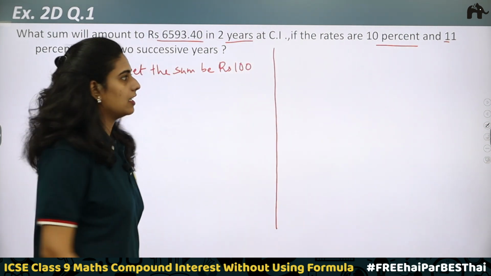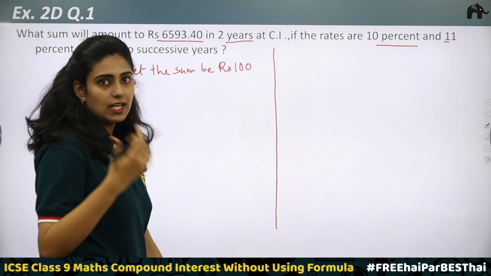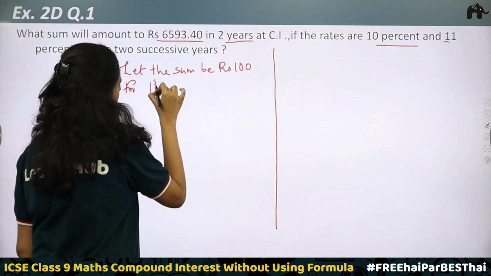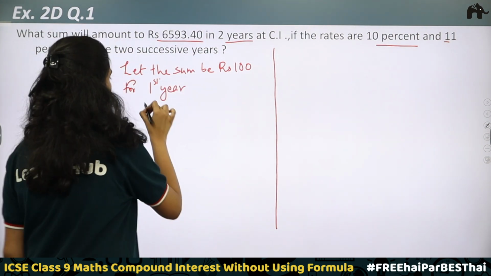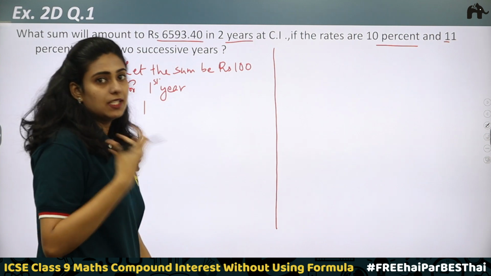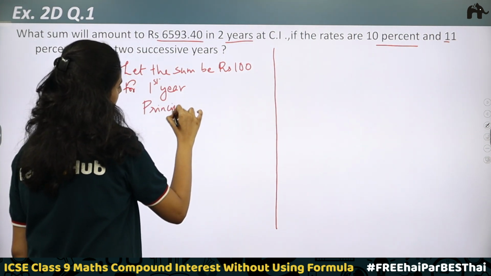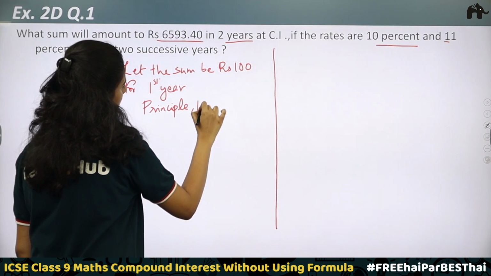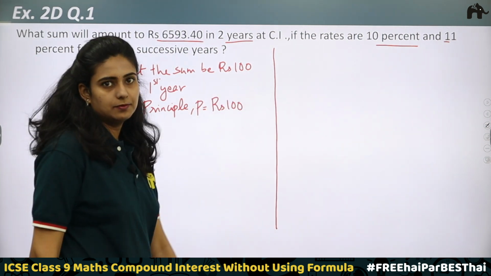Okay, rupees 100. Now for first year, here the interest is compounded annually. For first year, what is the principal? Principal we have taken is the sum, which is rupees 100. Principal P is equal to rupees 100.